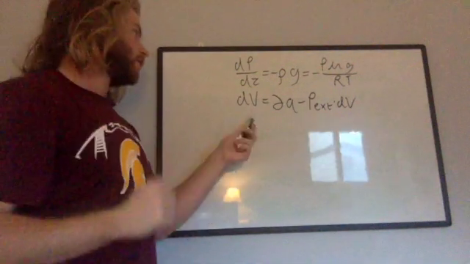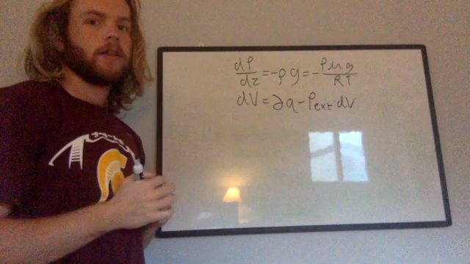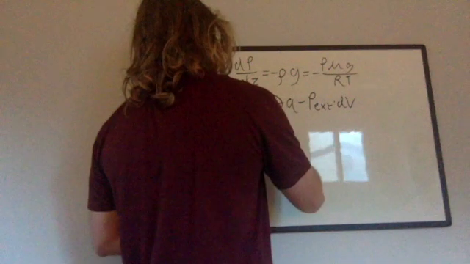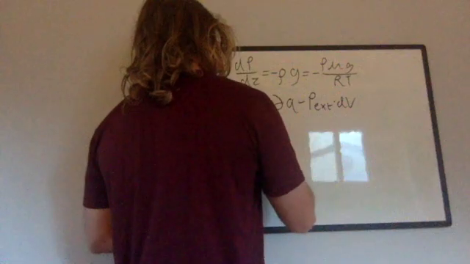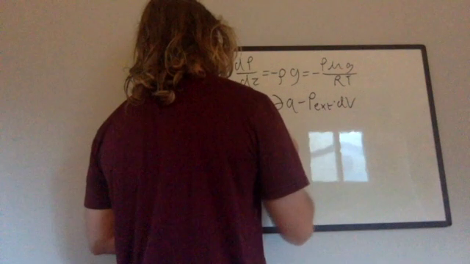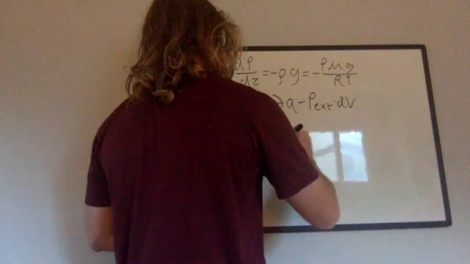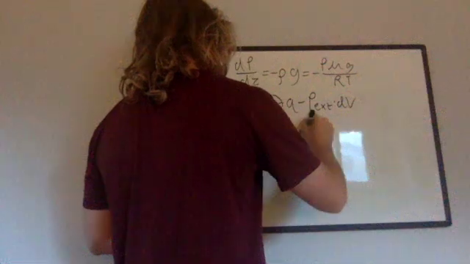And right here, we can think of this in a different way. We can think of this left side of the equation as the change in internal energy over the change in temperature at a constant volume, multiplied by the change in temperature.